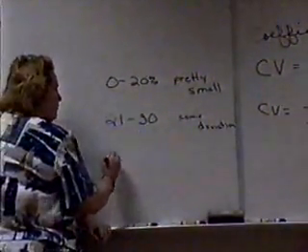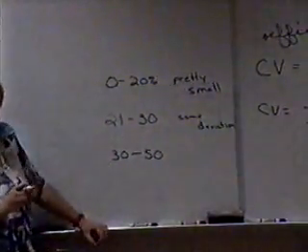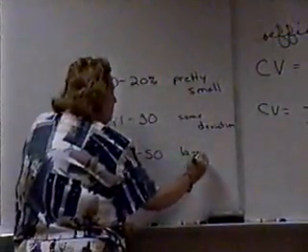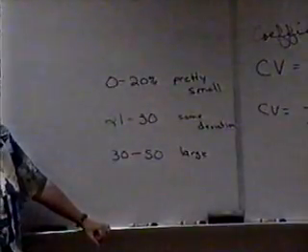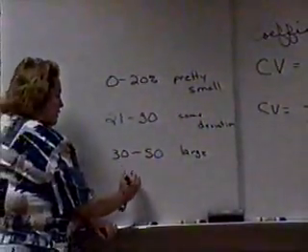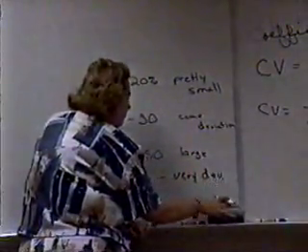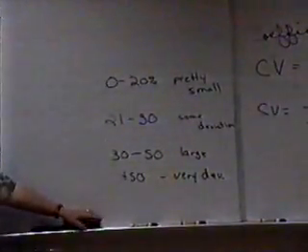But you start getting over 30, and especially as you start getting around in the 40s and the 50s, this is getting to be a large deviation. So by the time you get to 50%, that is a very large deviation. And anything over 50 would be very, very large deviation. And you're not going to find this printed in a book anywhere because this is not an exact rule.